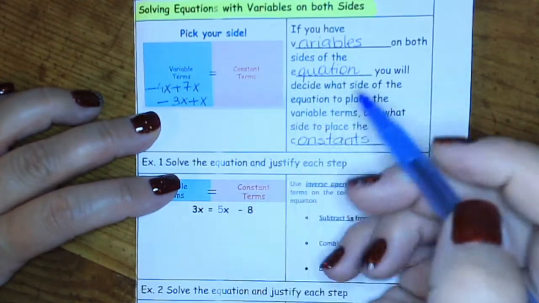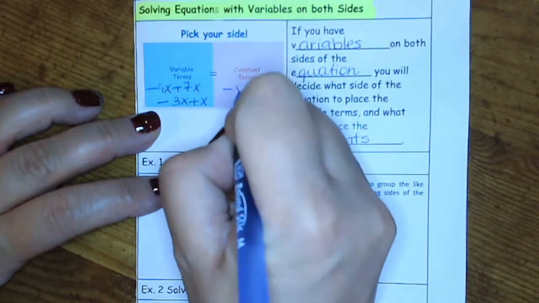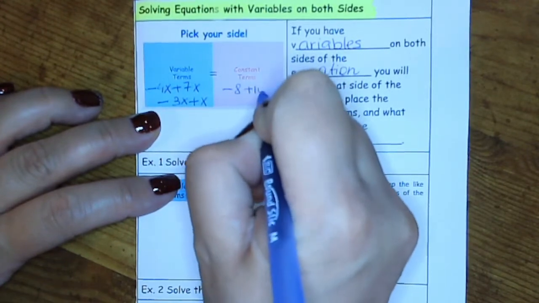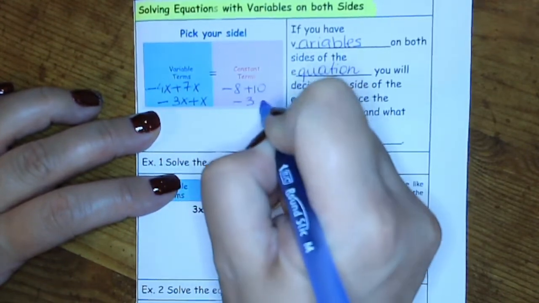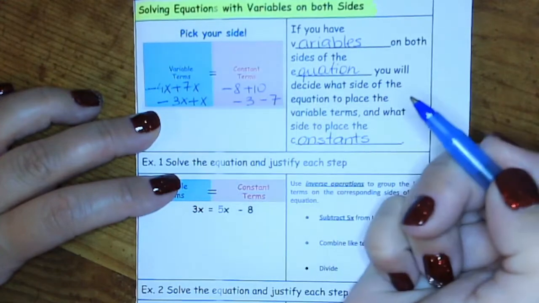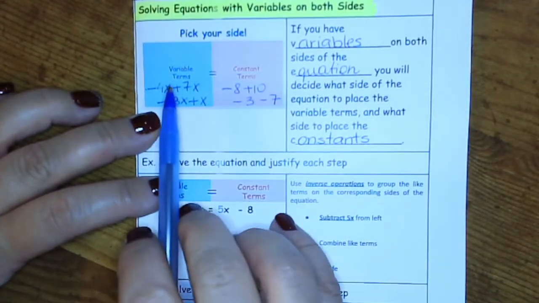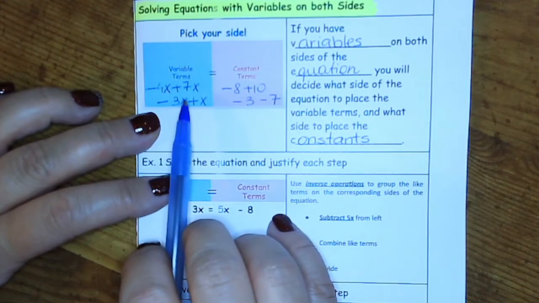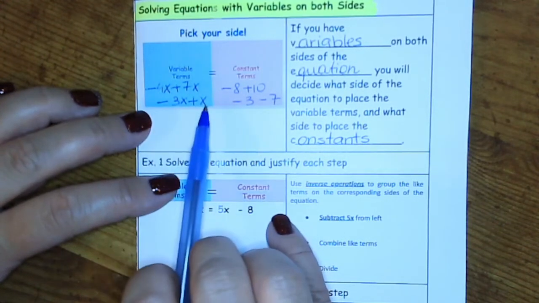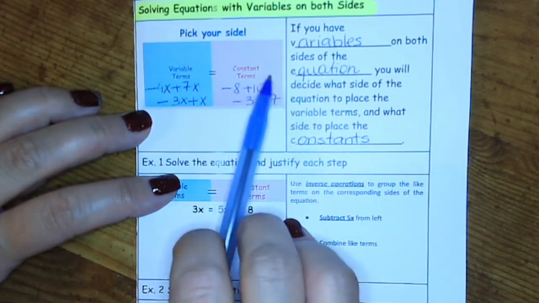Constants will be on the other side. So let's say maybe negative 8 or plus 10 or minus 3 or negative 7, positive, negatives, as long as there are numbers without variables. So our first goal is going to be to move the variables to one side of the equation and the constants to another.